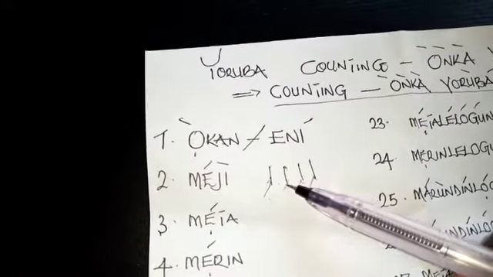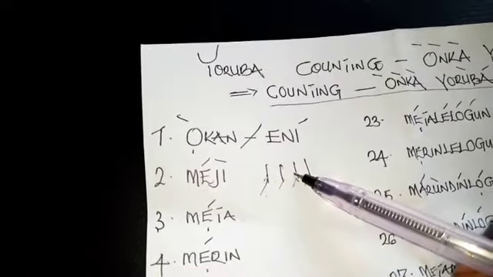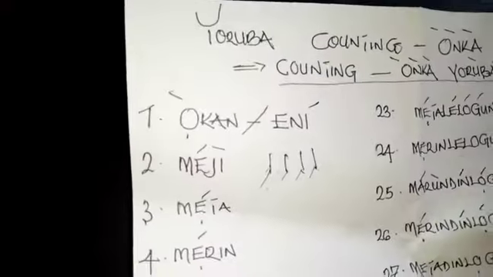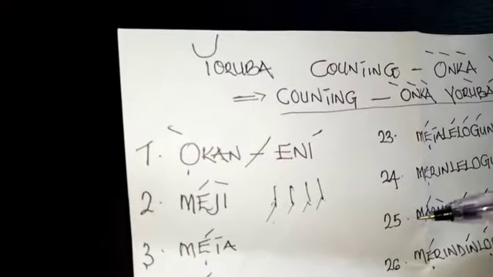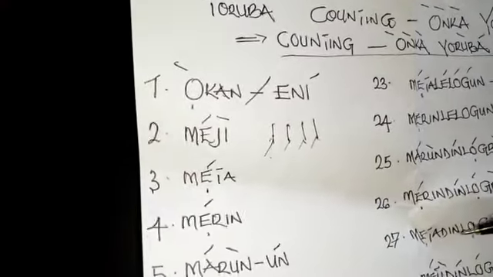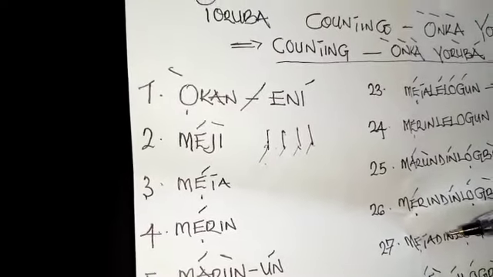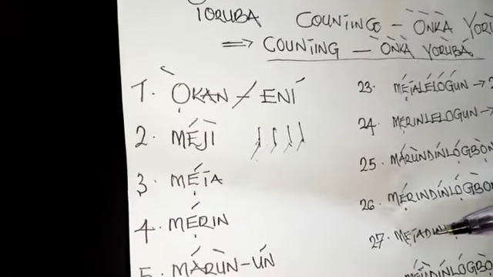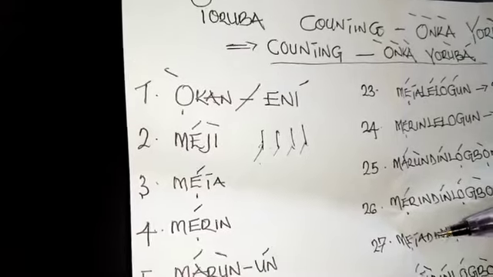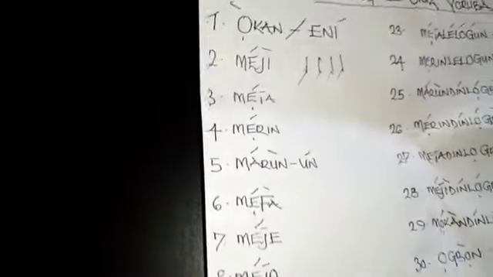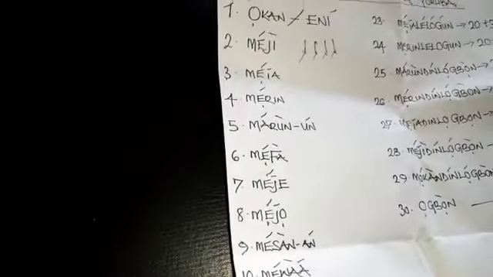Ení, méjì, mẹ́ta, mẹ́rin, which means what? 4 books. Ìwé mẹ́rin. If you want to say, I have 4 books, Mo ní ìwé mẹ́rin. So, let's proceed.